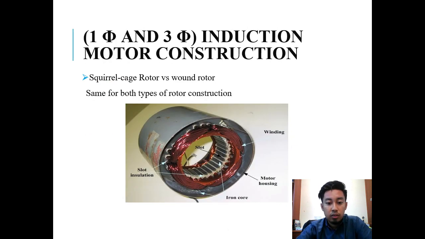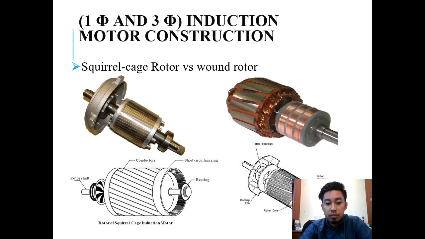This is the stator part. It has a winding, motor housing, the iron core, and the slot insulation. For the rotor, this is the squirrel cage.